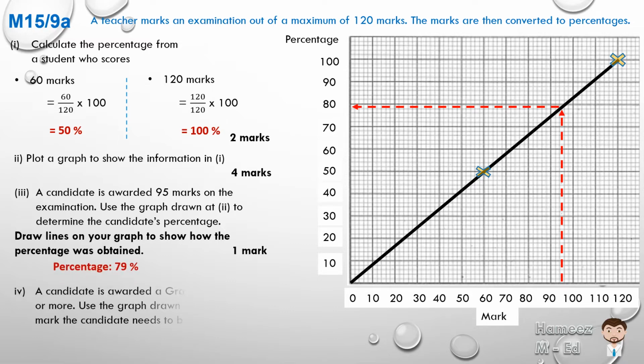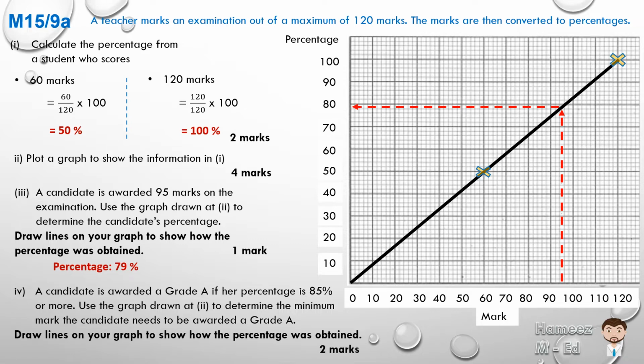Part 4. A candidate is awarded a grade A if her percentage is 85% or more. Use the graph drawn at part 2 to determine the minimum mark the candidate needs to be awarded a grade A. Draw lines on your graph to show how the percentage was obtained. So they're giving us percentage. So let's go to 85%, and that is on our y-axis.